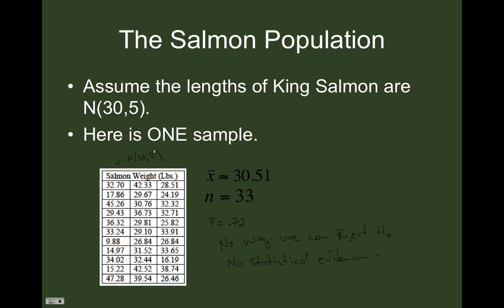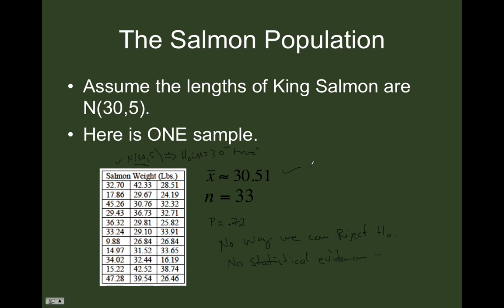So it turns out that the null is true. The fact that I sampled this data implies that the null hypothesis is true. So the fact that I took a sample from the null distribution, and ended up not rejecting the null, that's a good thing.